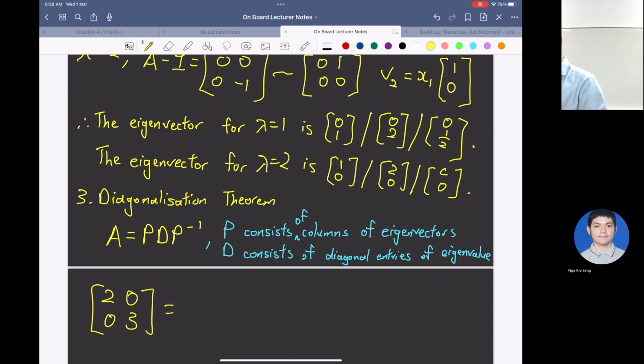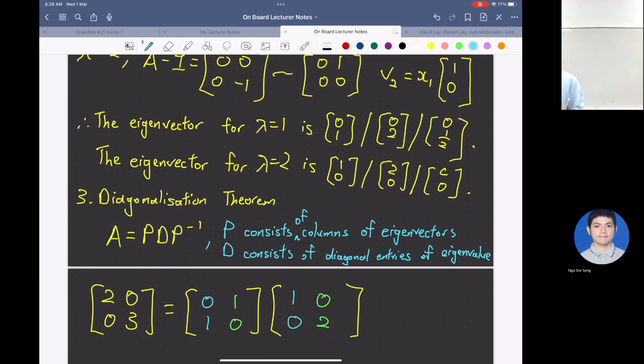We can pick the easier one, so maybe we pick (0, 1) as the eigenvector for 1, and then we pick (1, 0) for the eigenvector for 2.